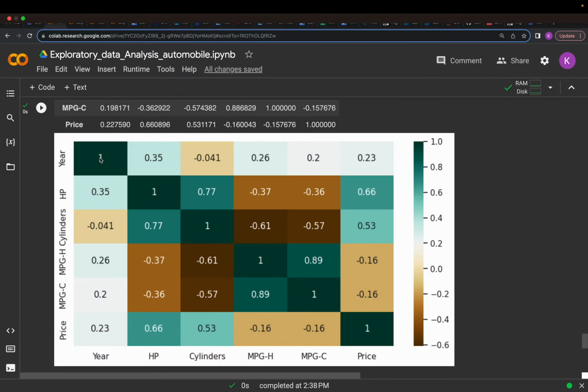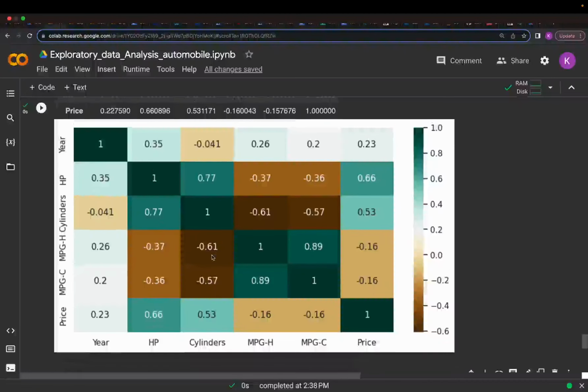So if you compare year against year, or horsepower against horsepower, then you will have complete correlation, +1, and you see there are some negative values. So this is still correlated, but it's negatively correlated, and when the values are close to 0, it means that the variables do not have any correlation, they are random.